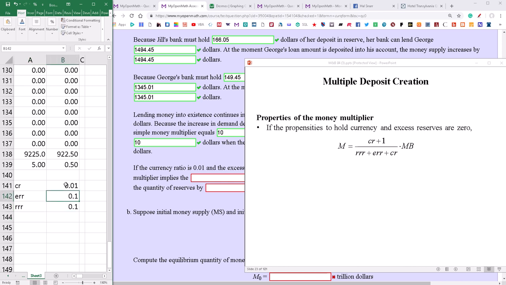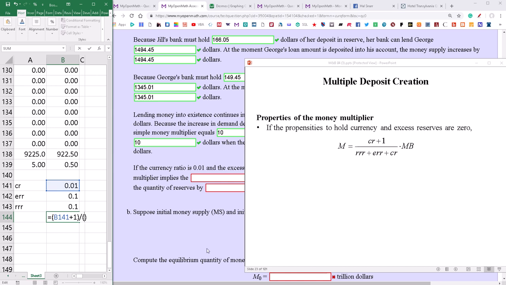This is set by law, and these are kind of set by actors in the market, right? So let's go ahead and calculate the coefficient of this equation in our notes, which is the money multiplier. So it's the currency ratio plus 1, that sum in parentheses, divided by the denominator sum.